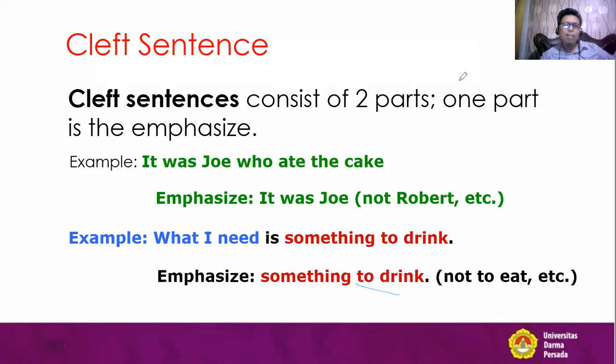So everybody, that is the emphasis of the sentence. Hope everybody understands. So again, if you find a cleft sentence, what you have in your mind is that there must be two parts, and one of the two parts is the emphasis. The emphasis means the focus of the sentence. Okay, now we go on.